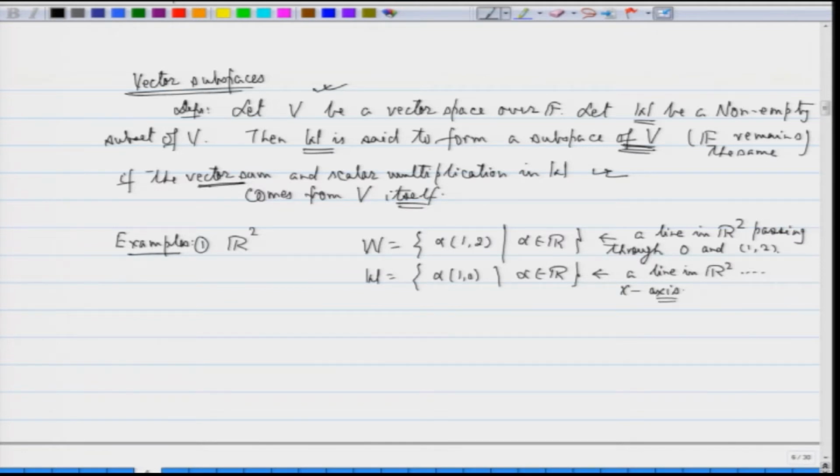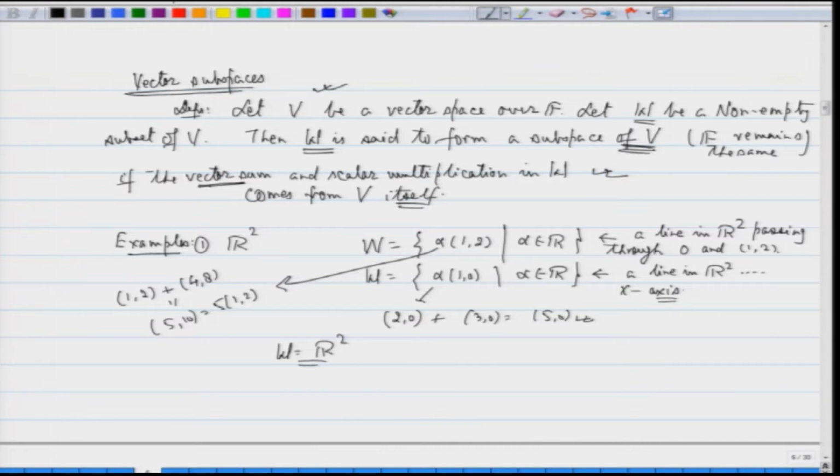Here I am not changing the vector addition. If I look at (2, 0) plus (3, 0), it is (5, 0) for me. Similarly, if I am looking at (1, 2) plus (4, 8), then it is indeed equal to (5, 10), which is 5 times (1, 2). So, I am not allowed to change the addition, similarly the scalar multiplication. I can also think of W as R2 itself, the whole set.